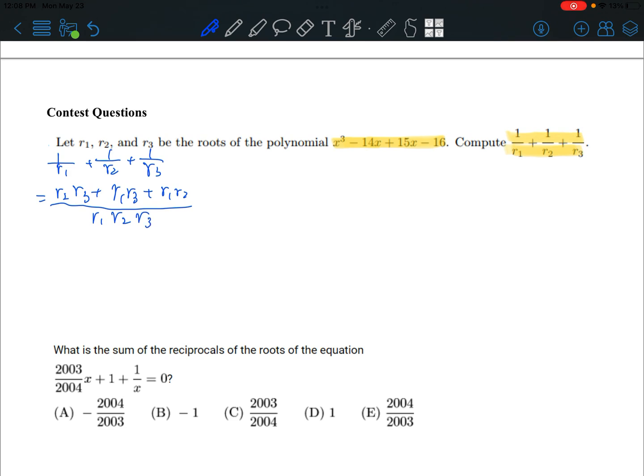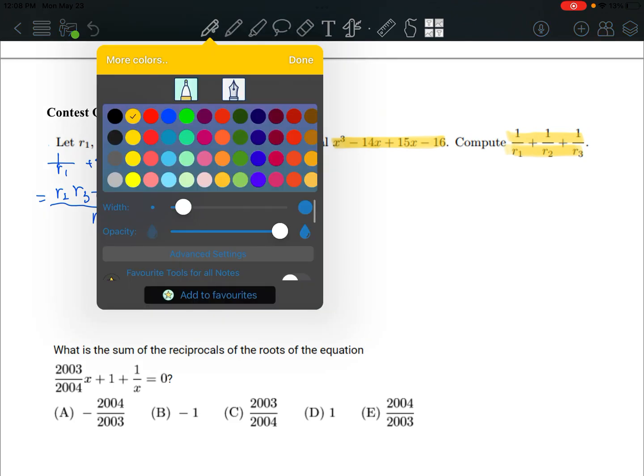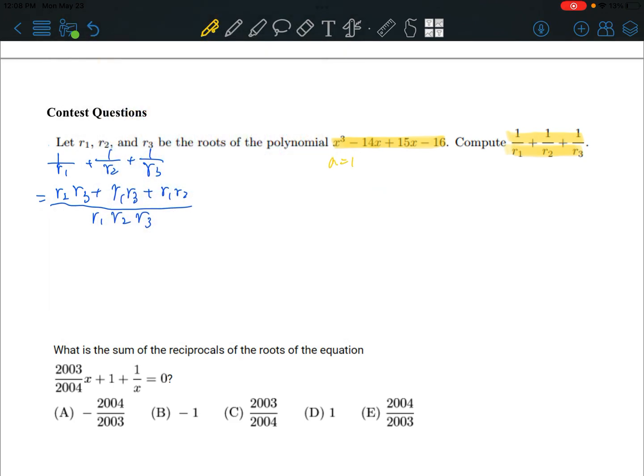After expanding it, we can apply Vieta's formula. In this expression, a is equal to 1, b is equal to negative 14, c is equal to 15, and d is equal to negative 16.